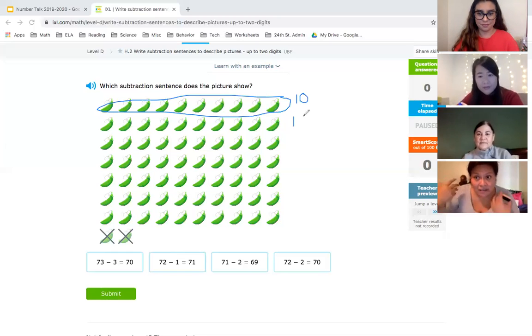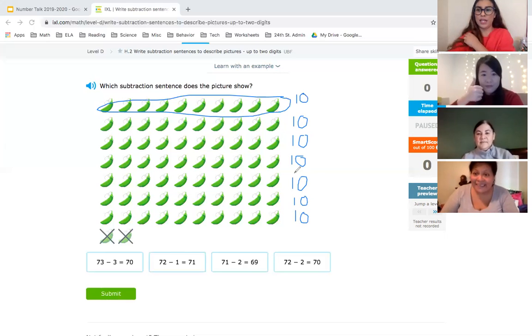So just going back to how we do counting collections, I started to count on by tens. So each row has 10. So let's count by tens, everyone. Are we ready? 1, 2, 3. 10, 20, 30, 40, 50, 60, 70.